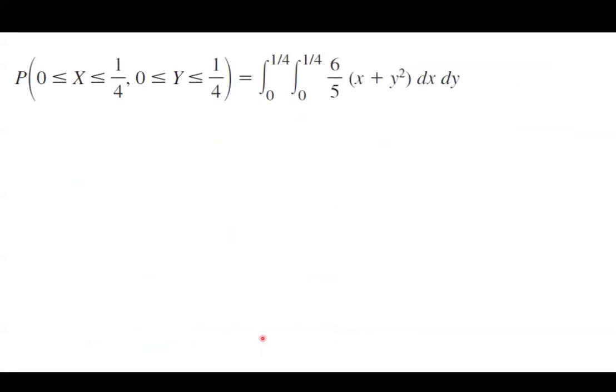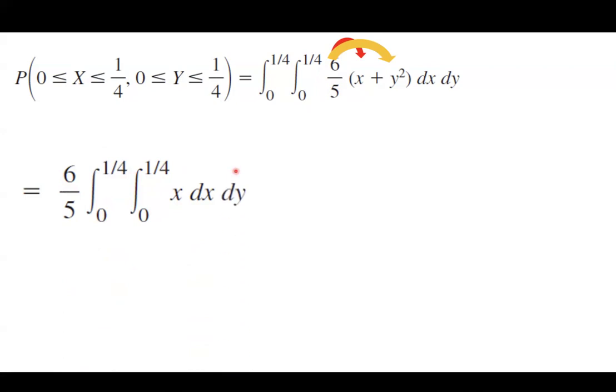In our calculation, we are using elementary integral methods. You can distribute 6/5 into parentheses and separate these two integrals. The inner integral for the first integral is the integral of x dx as x ranges between 0 and 1/4. And the coefficient 6/5 can be written outside the integral.